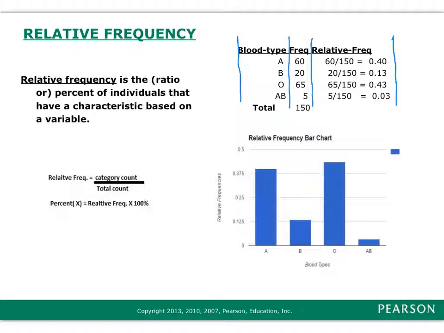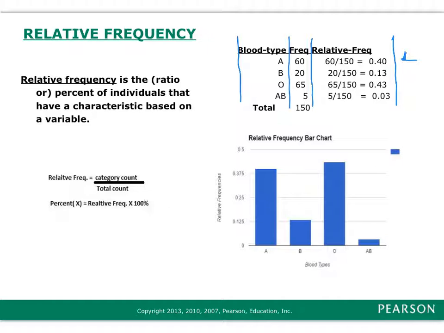So the relative frequency gives us the probability of randomly selecting an individual in this patient population that has a particular blood type. For example, it turns out that in this patient population, 40% of the patients have A-type blood, 13% have B-type blood, 43% have O-type blood, and only 3% have AB-type blood.